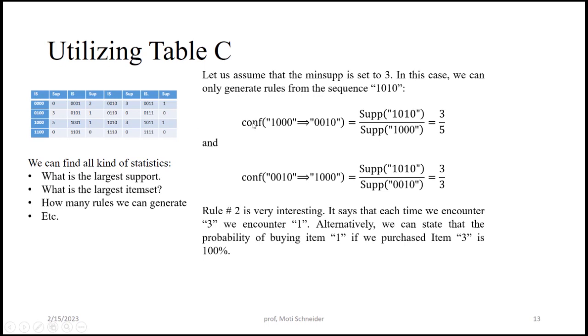So what I did, I generated these two rules. I said, if the guy buys item number 1, he has to buy item number 3.